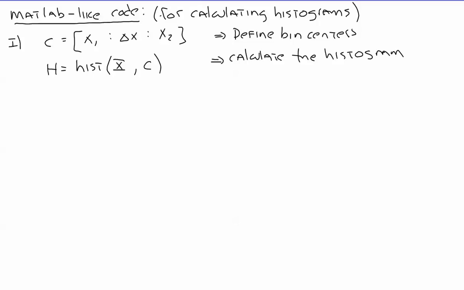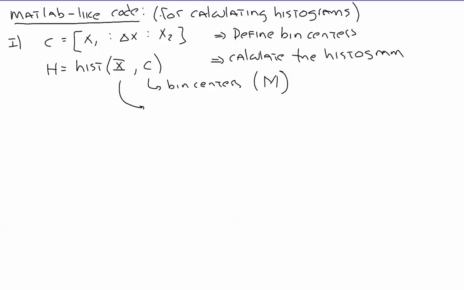X is a vector of data. C is a vector of bin centers. There will be M values there. My vector C will have M values.